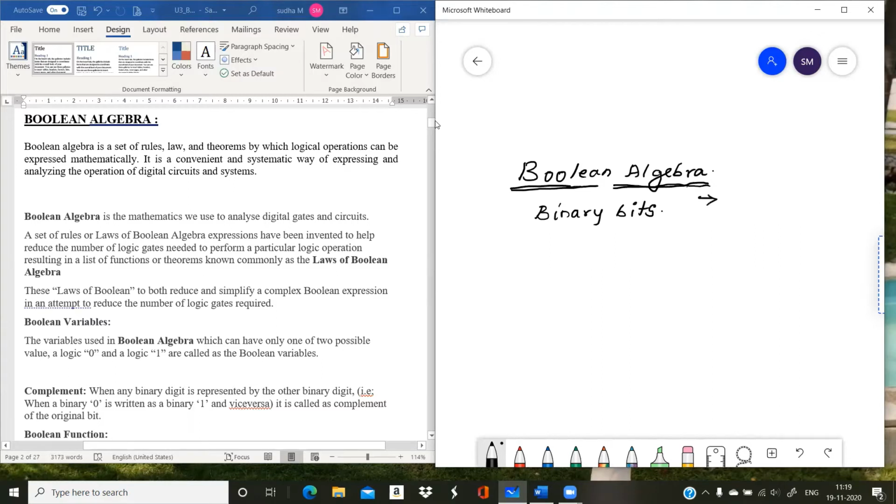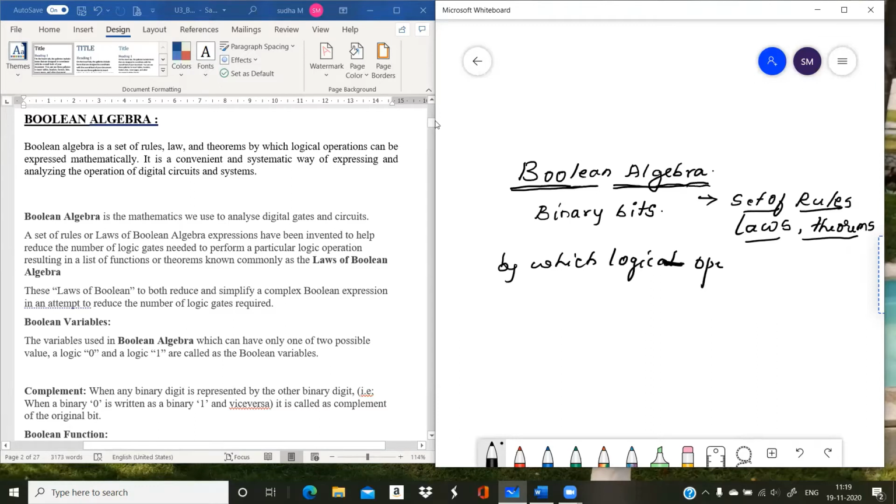This contains a set of rules, laws, and theorems by which logical operations can be expressed.